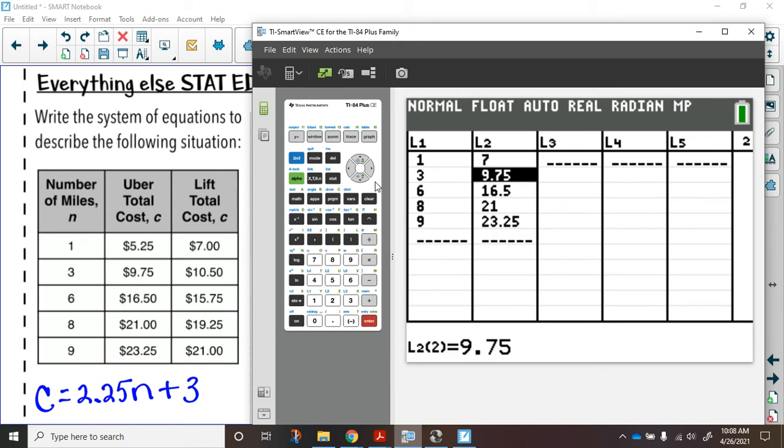So we have 7, 10.50, 15.75, 19.25, and 21. So right off the bat, Lyft is looking a little cheaper.